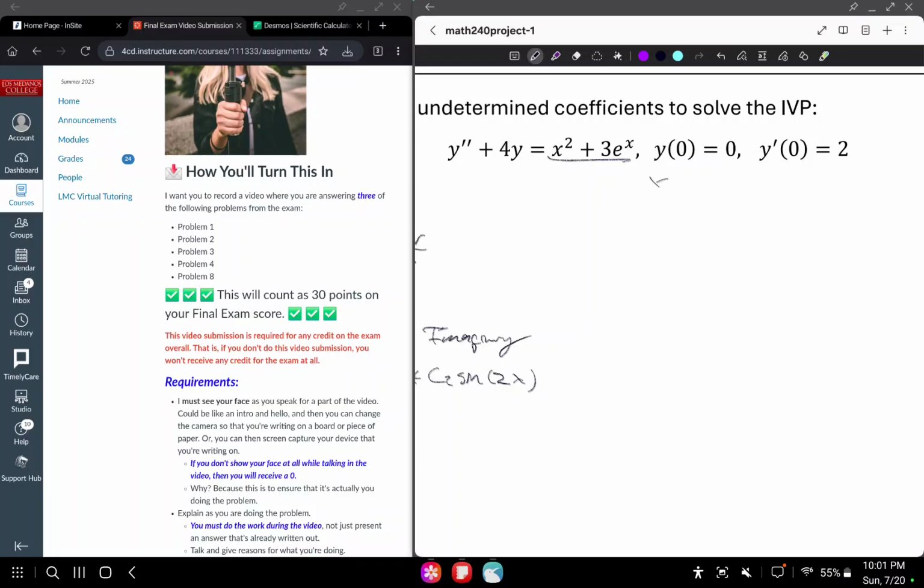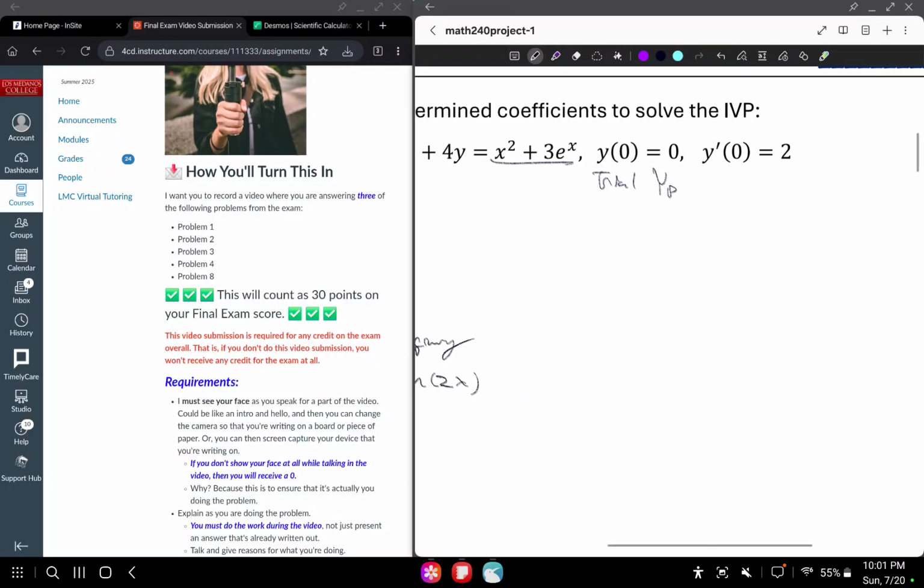So for the quadratic trial, y sub p would be equal to ax squared plus bx plus c, and for the exponential, y sub p would just equal a e to the x.